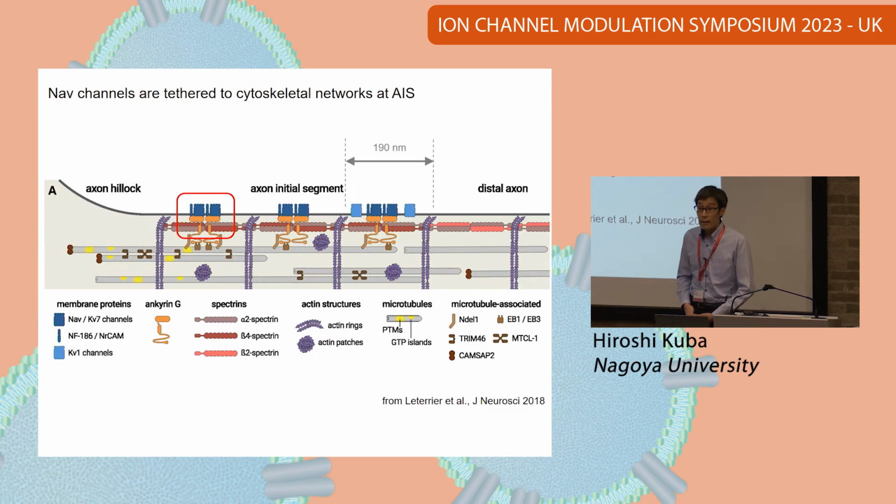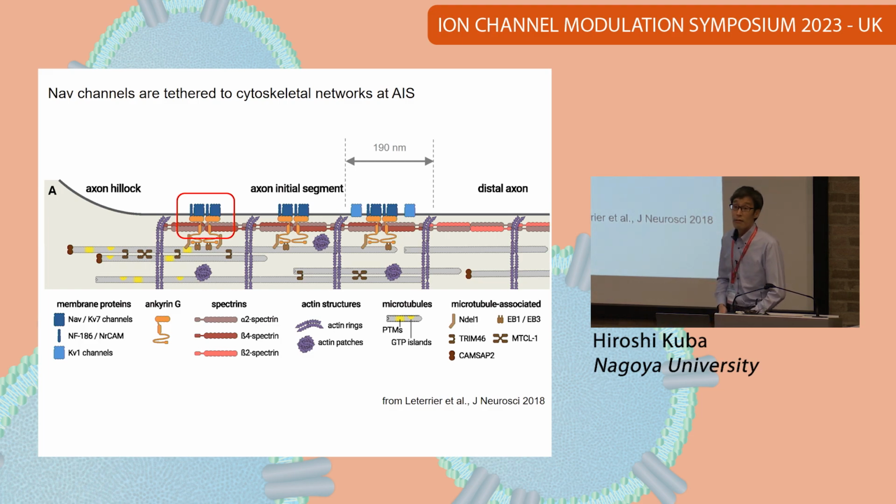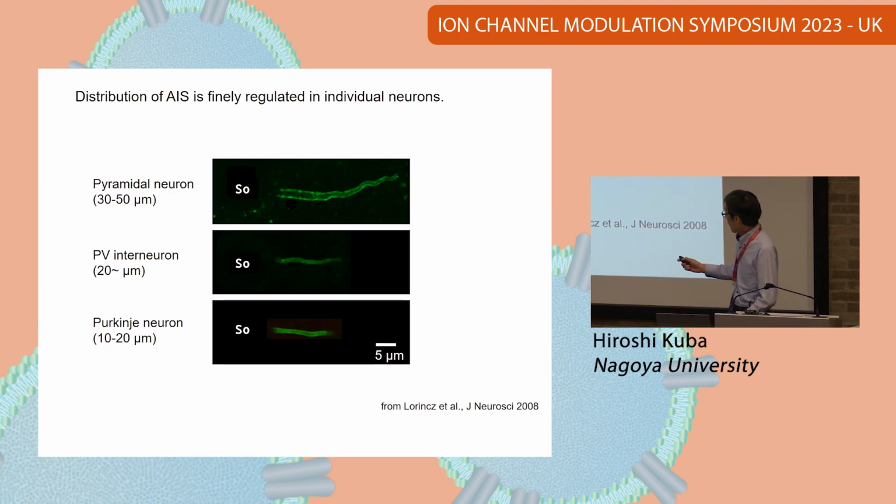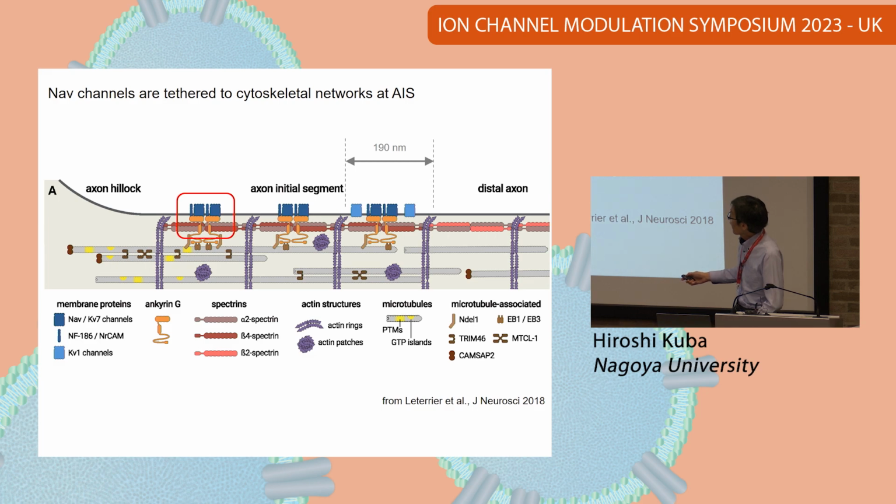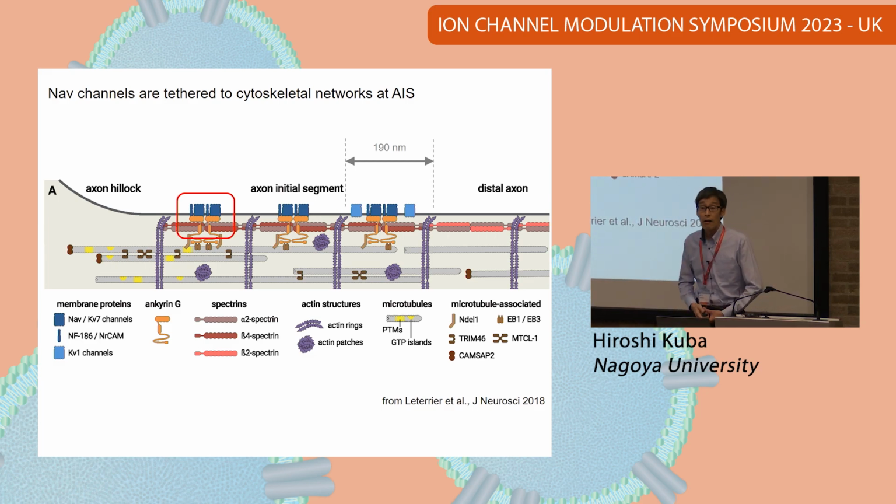This is a schematic drawing of the molecular organization of the AIS, and you can see many kinds of proteins are localized at the AIS, such as cytoskeletons and scaffold, cell adhesion molecules, and ion channels.